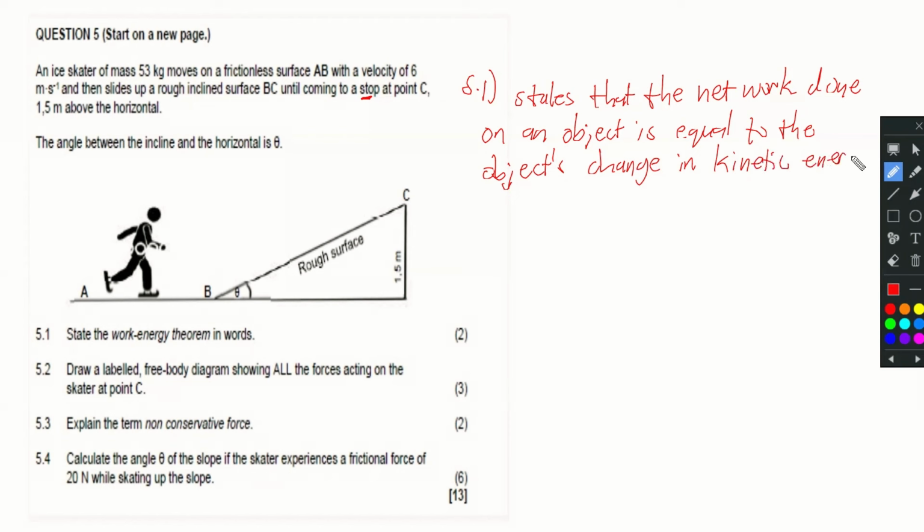Right, so we have that. It states that the net work done on an object is equal to the object's change in kinetic energy.